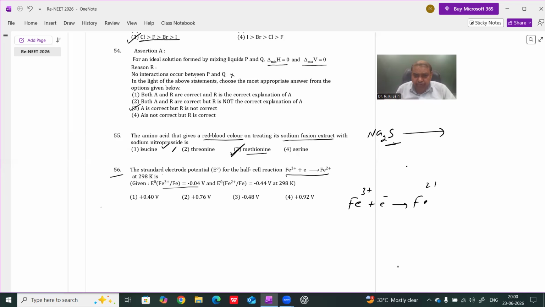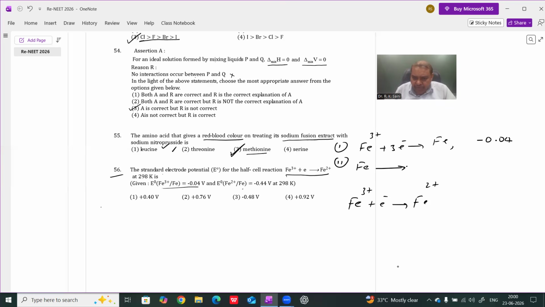Given the data, first, Fe plus 3 plus 3 electrons changes into Fe, and its electrode potential is given as minus 0.04 volt. This is equation 1. And in the second equation, we write in reverse form Fe gives Fe plus 2.